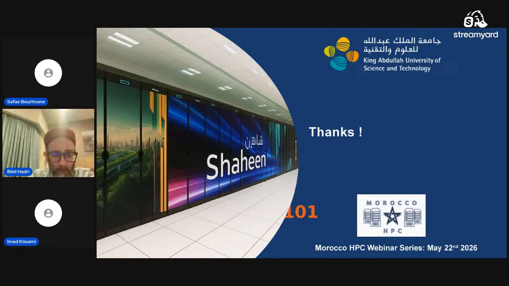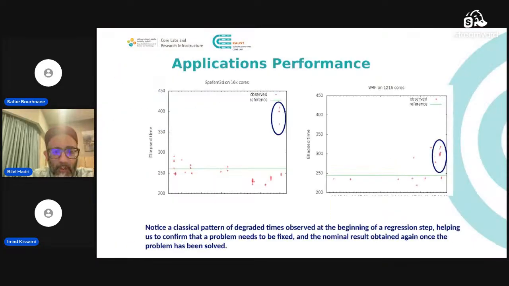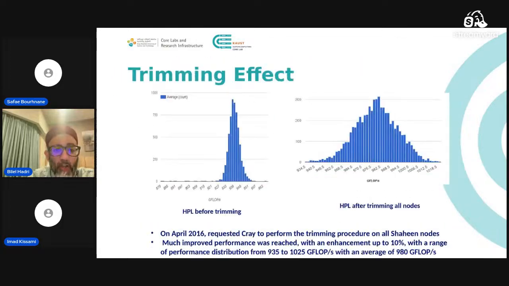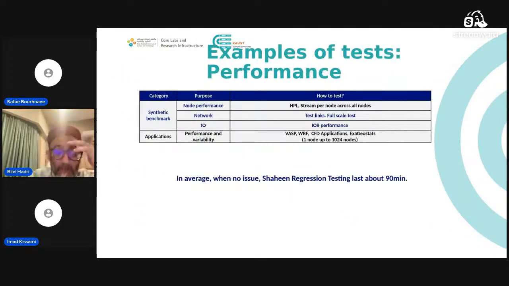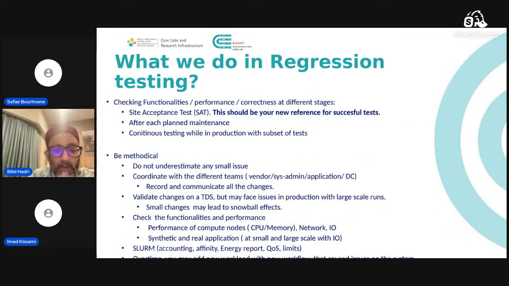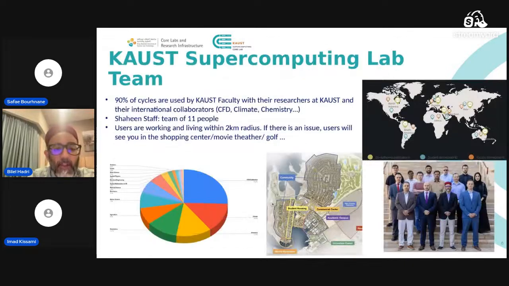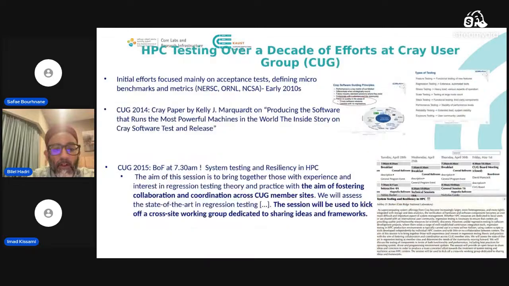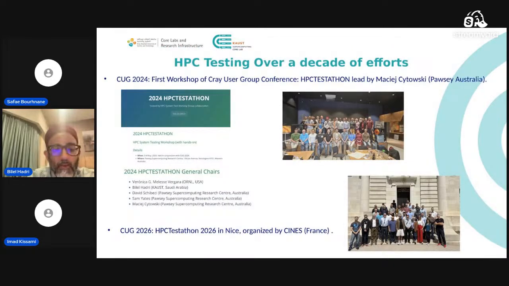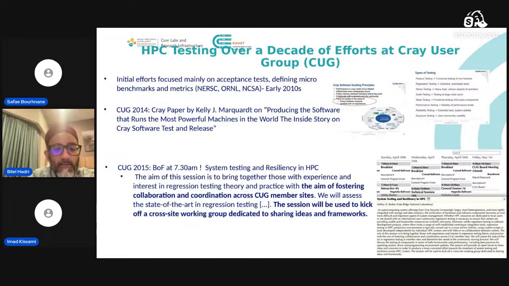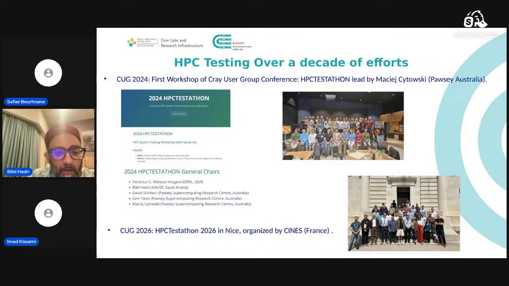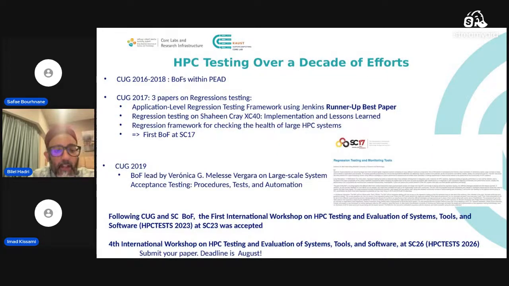If you go to the group I shared earlier, the HPC test, I probably should have shared the link, but if you Google HPC test, you will see the website with all the different presentations and so on, especially the latest one from Nice.